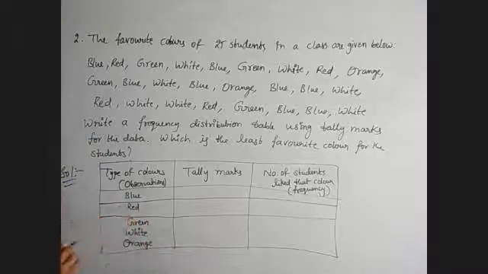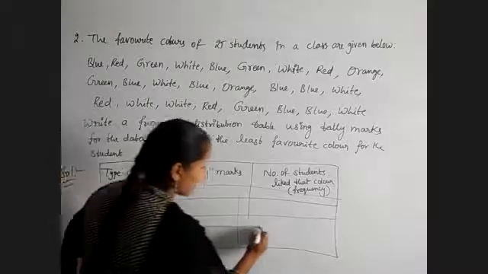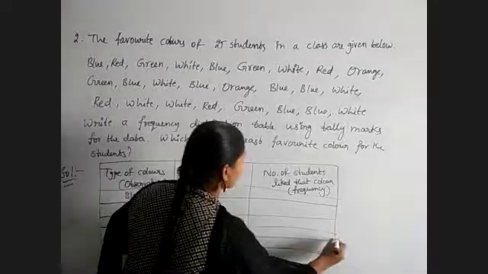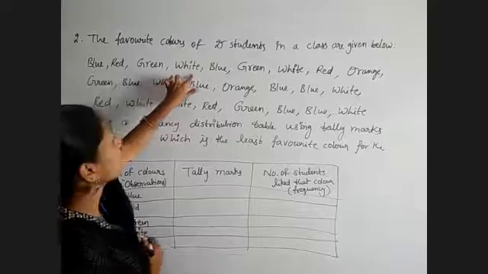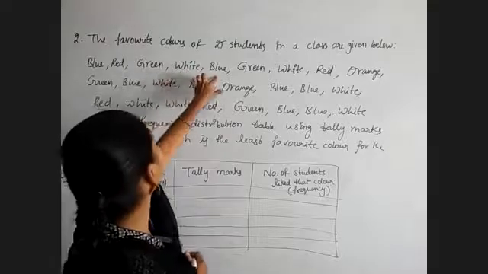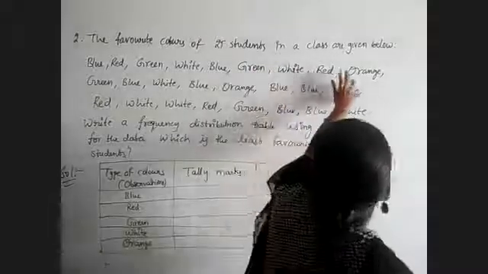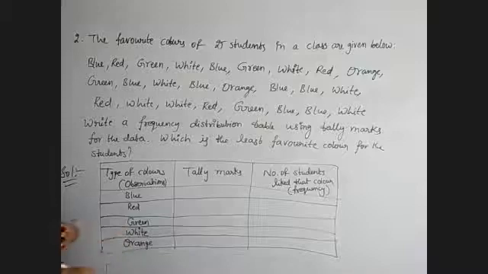So still any is there? This much only. Total 5 types of colors are mentioned in the data. Just observe that. Blue, red, green, white, and blue already came. Green already came. White already came. Red already came. So orange. That's all. These are the 5 different types mentioned.